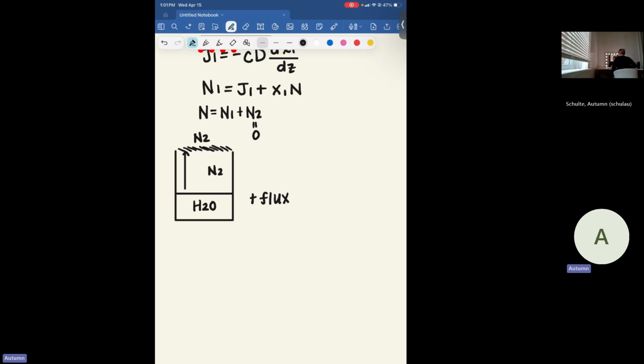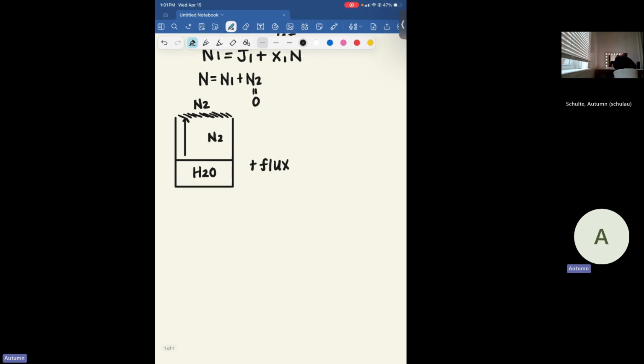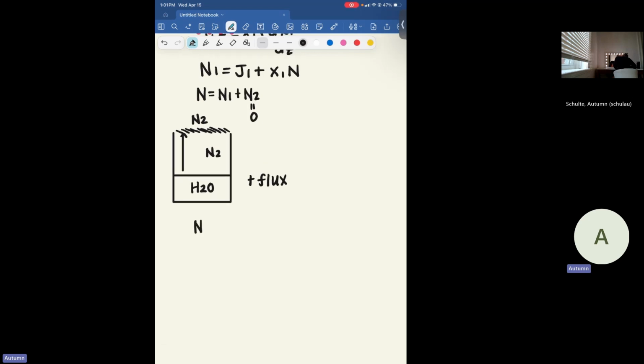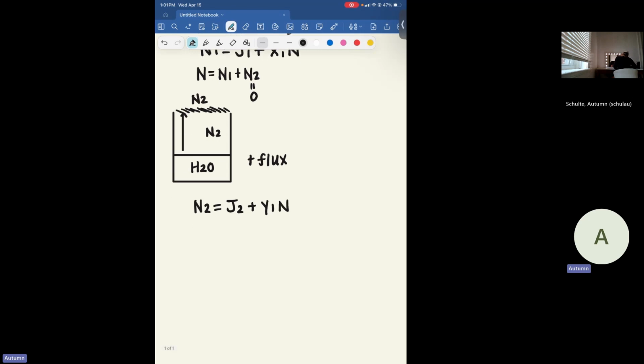So let's write out an equation that describes that. We're going to have the molar flux of component 2 is equal to the molar diffusive flux of component 2 plus the mole fraction of component 2, and I'm going to write this in terms of Y just because we're in the vapor phase, multiplied by the overall flux.